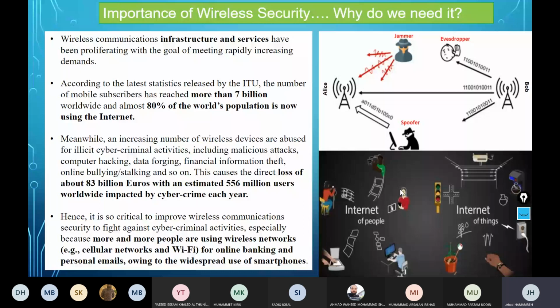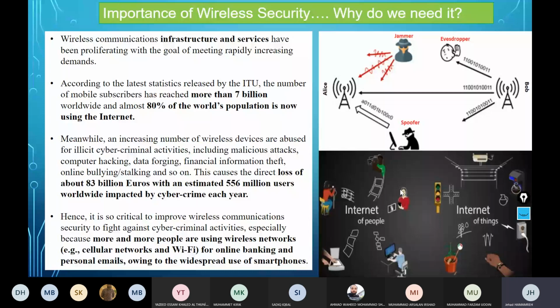And the services are really proliferating with the goal of meeting rapidly increasing demands, because there is a huge surge in the data consumption in the world these days. Everybody is on the internet, everybody is using Wi-Fi, there is huge congestion, huge data consumption, and nobody is able to meet the huge demand on internet data.